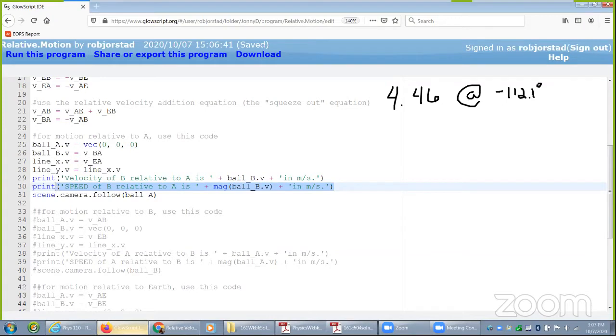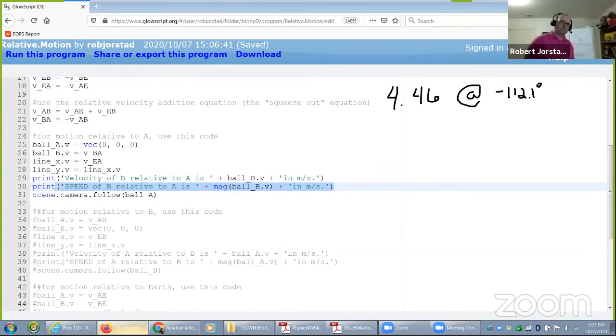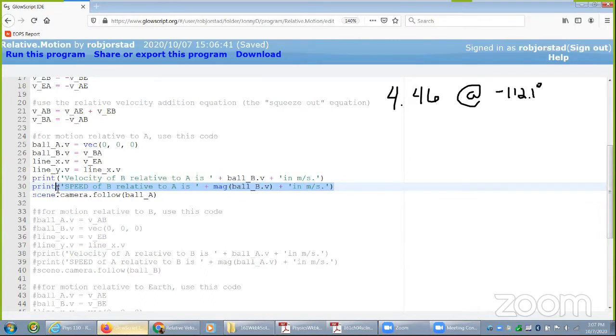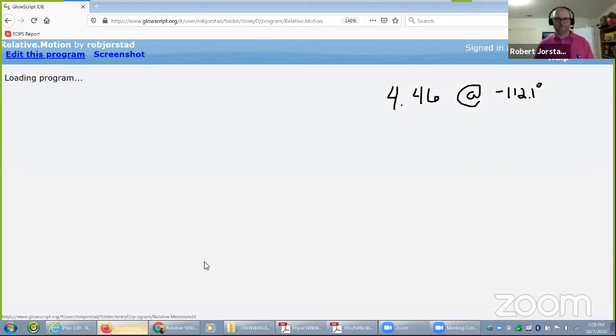The opposite of VAB. What did the problem statement say it should be? This was a number given in the problem statement. Oh, it's the 8 meters per second directed at 50 degrees. Or is it the first one? It's the one where it's 8.